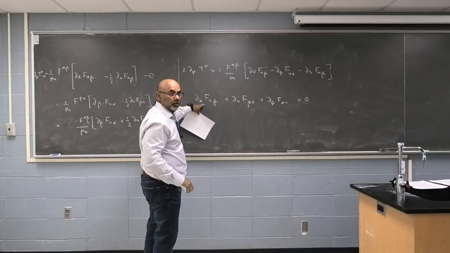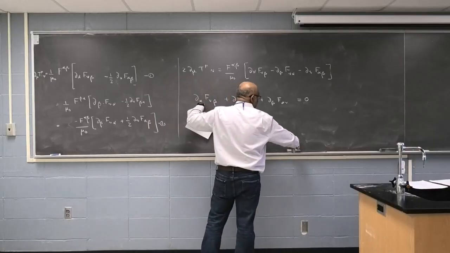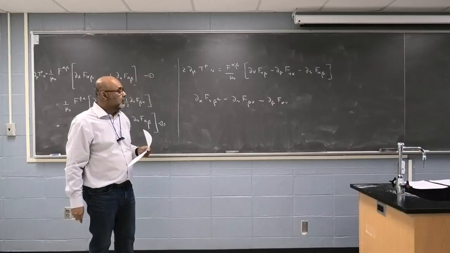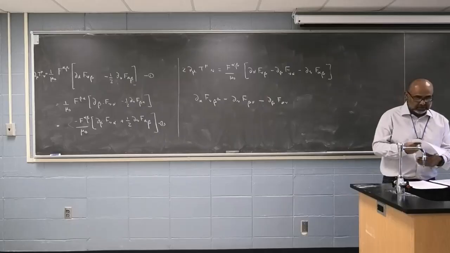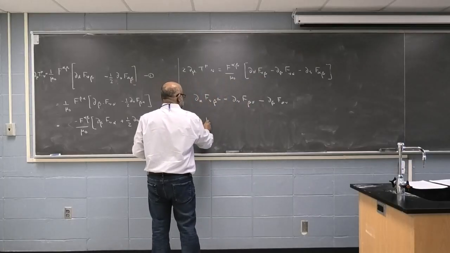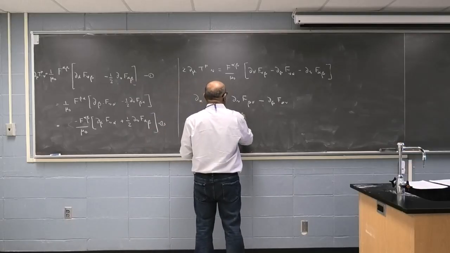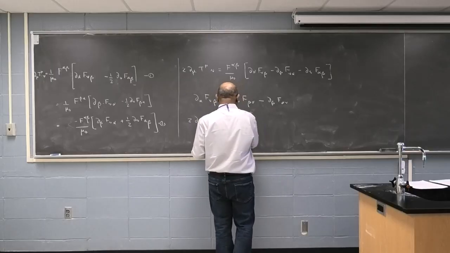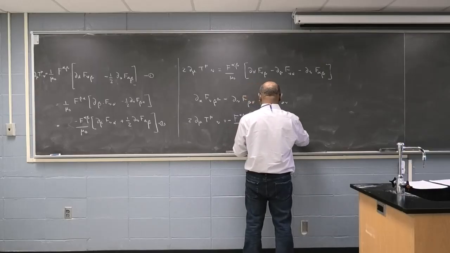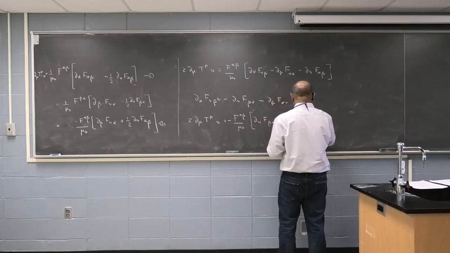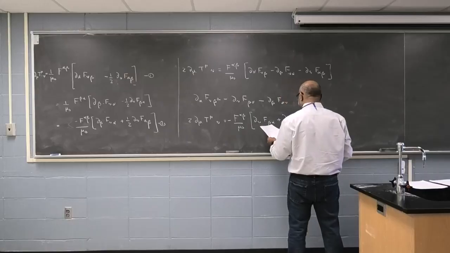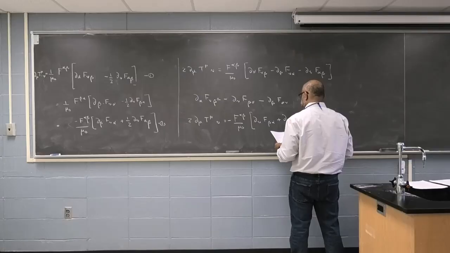But what I'm going to do is stick this in here, and then I get 2 times f alpha beta over 0 minus, everything is minus d nu f beta alpha plus d beta f alpha nu plus d nu f beta, d beta alpha nu, d alpha f nu beta.